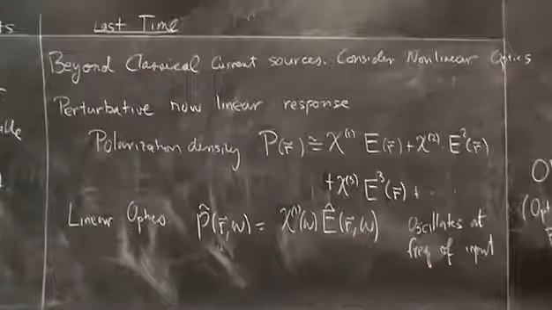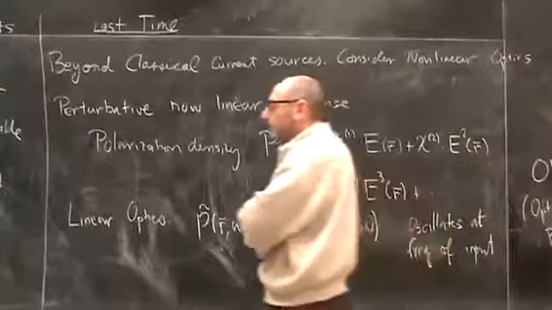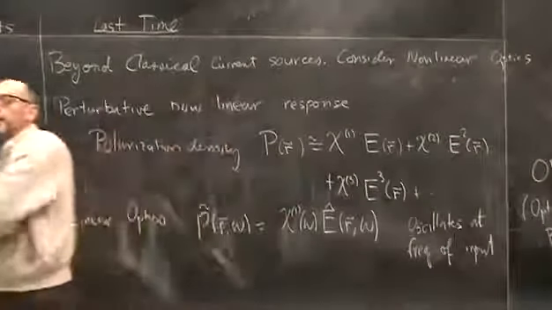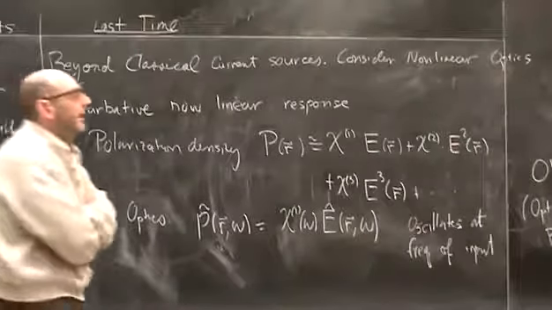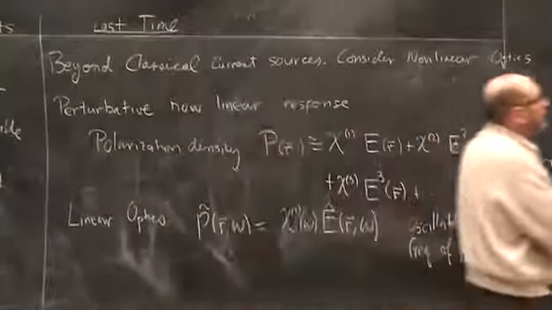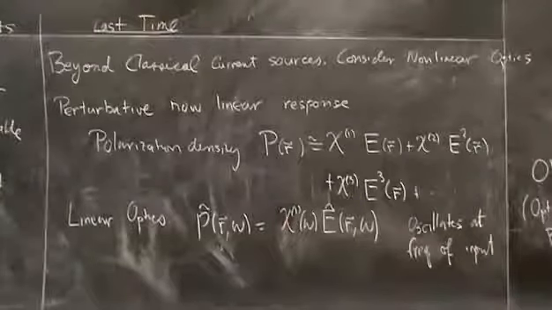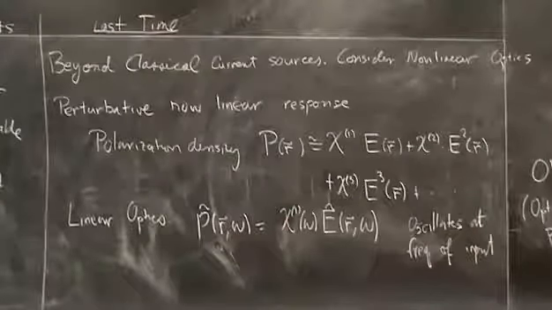One way to think about that is, what are the kinds of currents that are produced in nonlinear optics. So in order to discuss that, we just began by introducing the ideas of nonlinear optics.